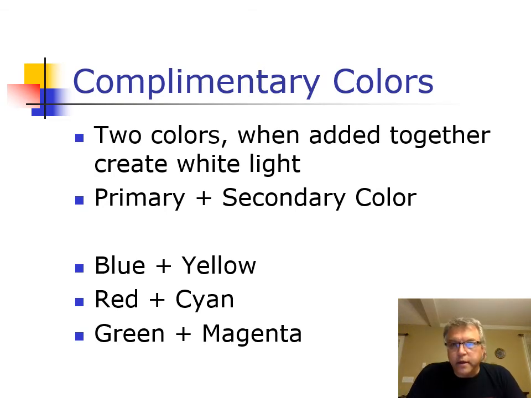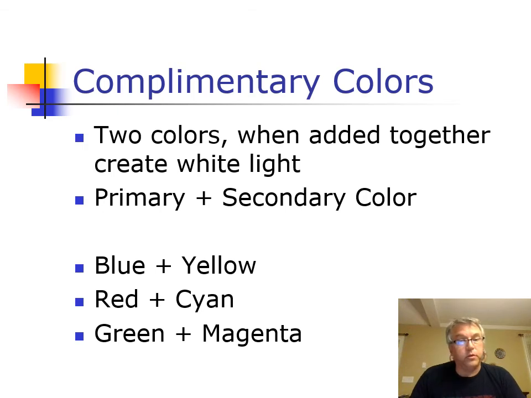If white light contains all the different colors within the spectrum, if I take a primary color and the secondary color that's combined by the 2 other primaries and I combine them together, then I can create white light. So if I take blue and yellow, now remember yellow is the secondary color by the combination of red and green.